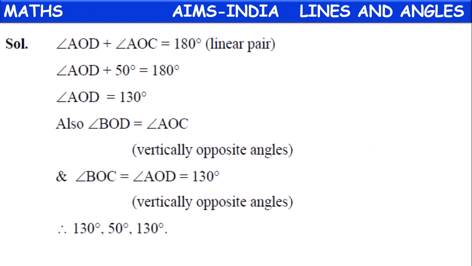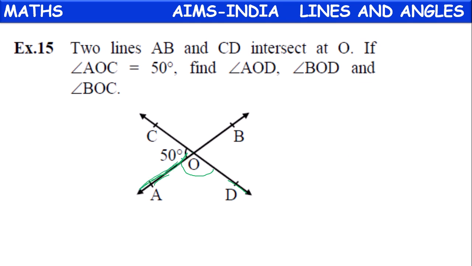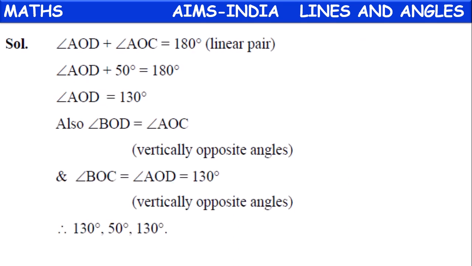So according to that, they have taken this side. Instead of that, we can take this side also. This OD ray is standing, this OA ray is standing on the CD line. So this angle is 180 degrees. So 50 plus x is 180.